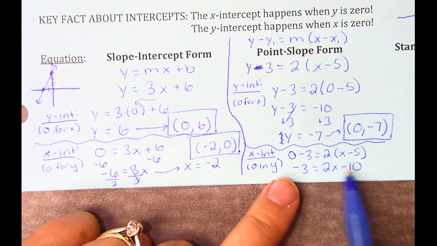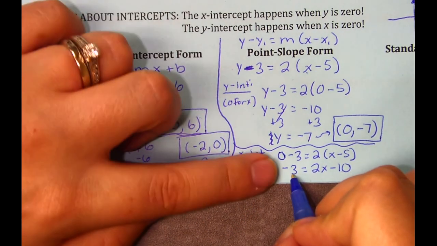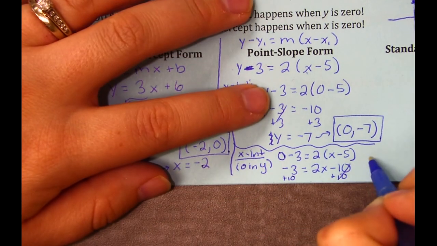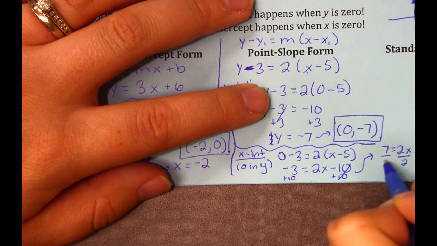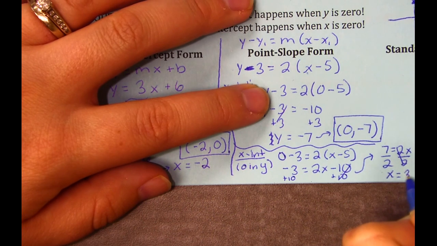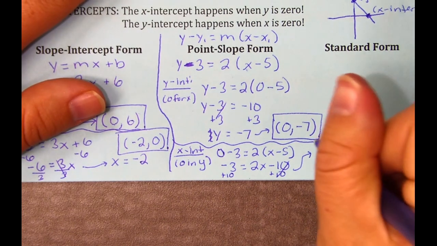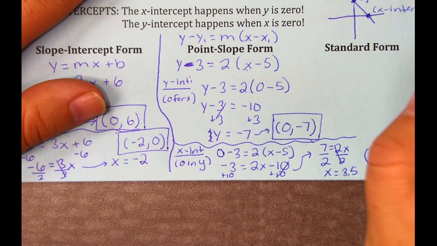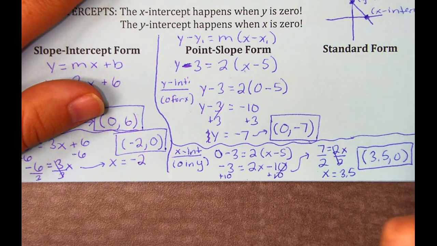Now when I solve this for x, because I'm out of room, I'm just going to add 10 to both sides. So I get, if I come up here, 7 equals 2x, divide by 2, so x equals 3.5. So that means when I put in zero for y, my x-coordinate was 3.5.